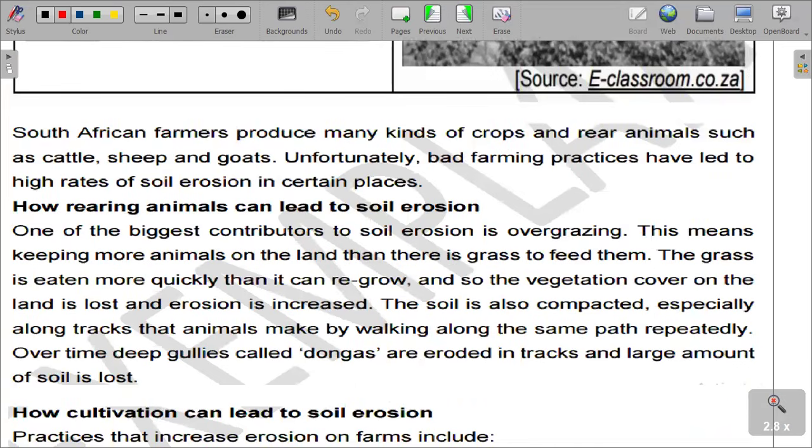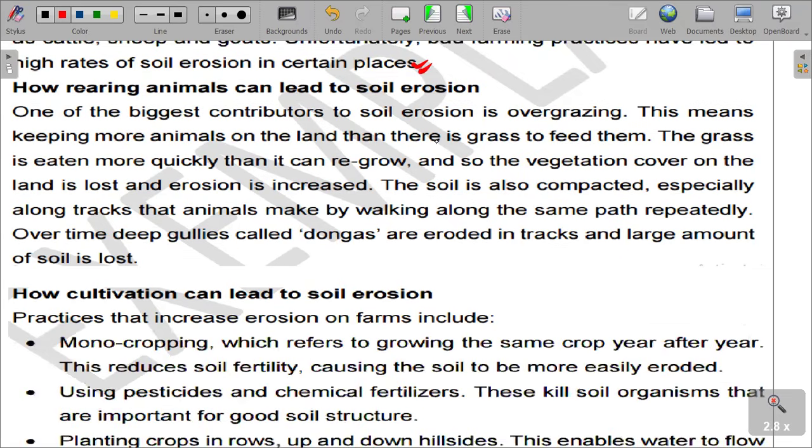South African farmers produce many kinds of crops and rear animals such as fish, cattle, sheep, goats. Unfortunately, bad farming practices have led to high rates of soil erosion in certain places. How rearing animals can lead to soil erosion: one of the biggest contributors of soil erosion is overgrazing. This means keeping more animals on the land than there is grass to feed them.